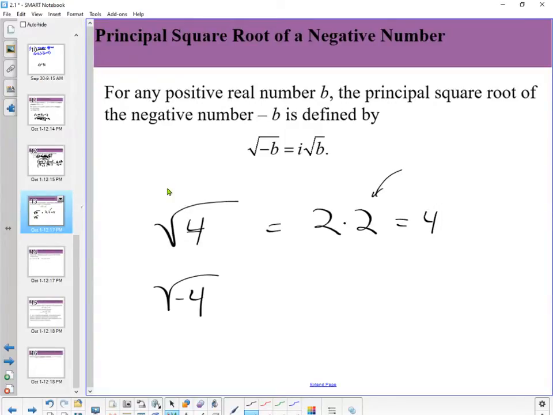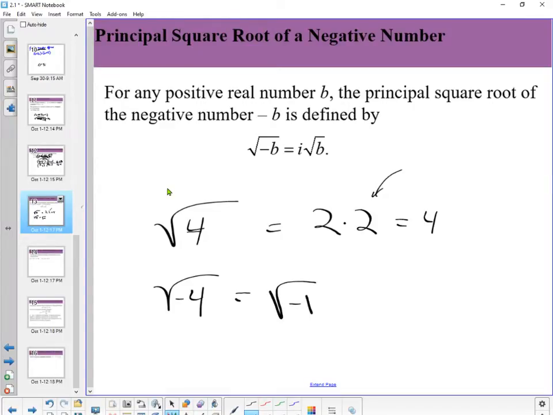Hence, the 2 is my root number. But in this case, what am I multiplying to get negative 4? I can't do 2 times 2 because that's positive 4. And I can't do negative 2 times negative 2 because that's still a positive 4. So, do you guys remember what the opposite of multiplying is? Kind of dividing, splitting up. Because that's what you're really doing, right? So what we're going to do is split this thing up into 2 roots.